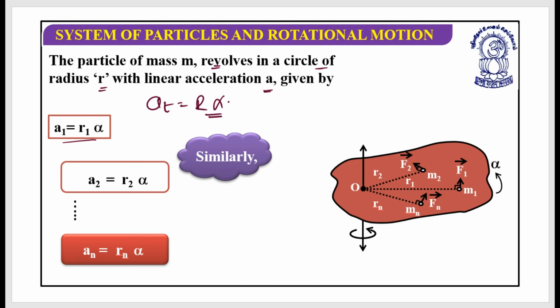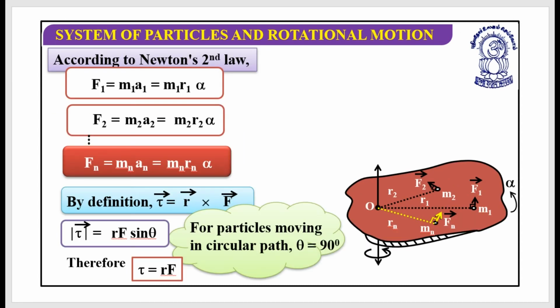According to this, a1 is equal to r1 into alpha, because alpha of the total body will remain the same. a2 is equal to r2 alpha, and so on, an is equal to rn into alpha. Now, according to Newton's second law, force is equal to mass into acceleration. And when I write acceleration, I am able to write alpha into r1.